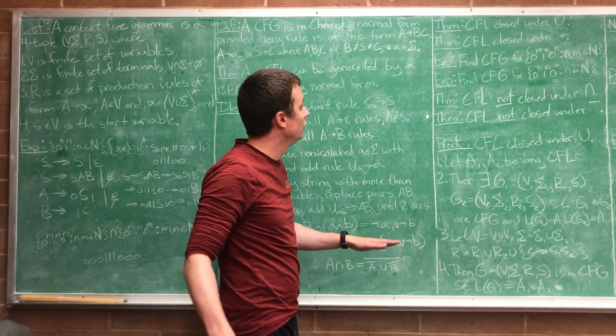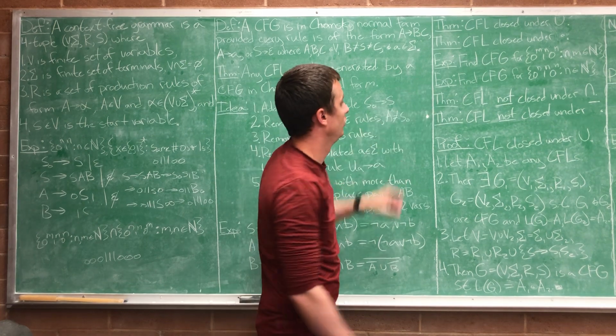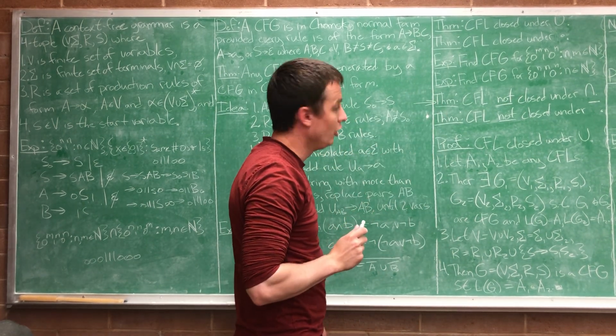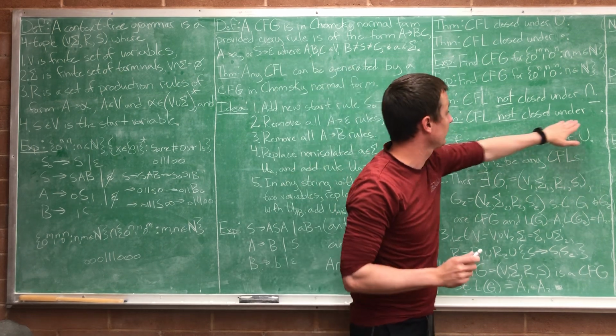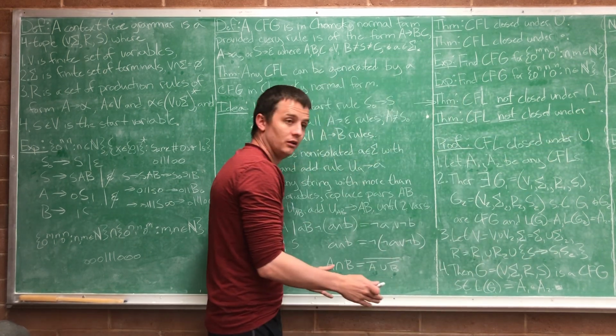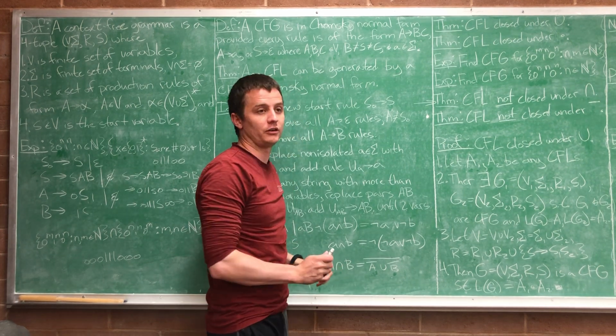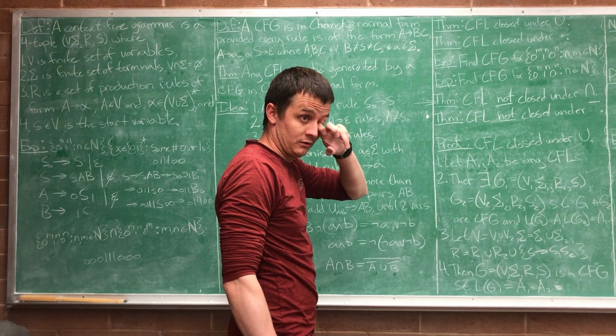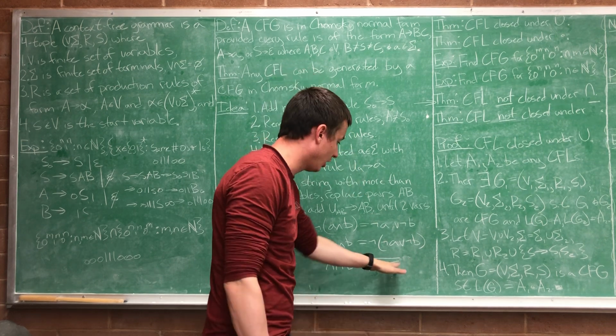That was the first thing we proved. We showed that if context-free languages were closed under complement, then they'd have to be closed under intersection. But they're not closed under intersection. So they can't be closed under complement.